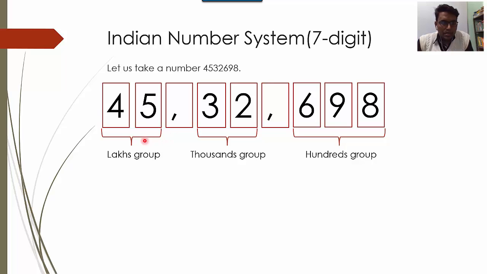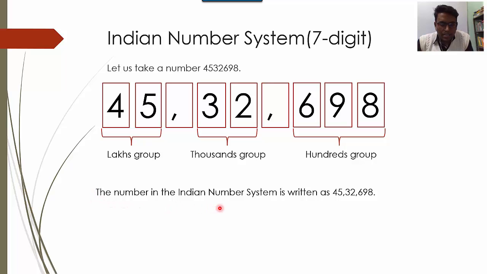We can easily read that this is 45 lakhs 32,698, and we write this number in the Indian number system as 45,32,698, and we can easily read this number as 45 lakhs 32,698. Isn't it easy now to read the number?